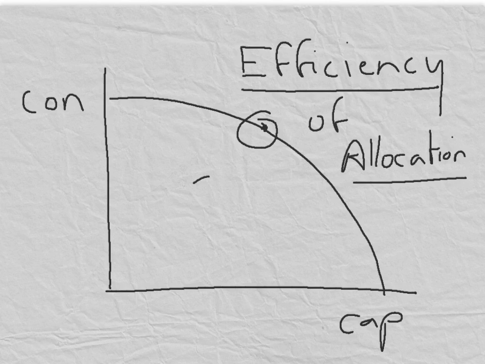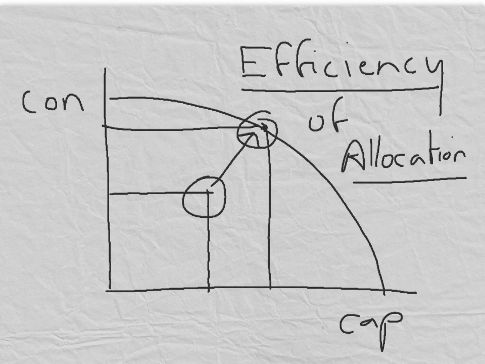In contrast, if an economy is operating inside its PPF, producing this many consumer goods and this many capital goods, it is not being efficient. It is not showing efficiency of allocation, because by using the available factors of production, it could be producing more consumer goods as well as more capital goods.